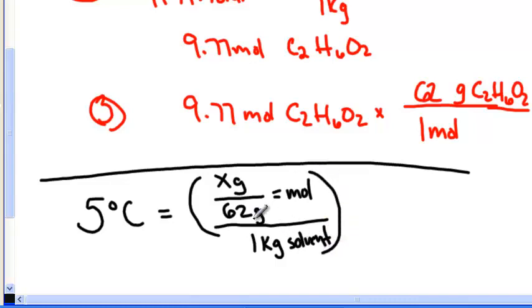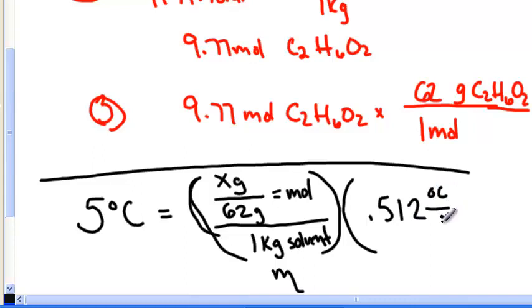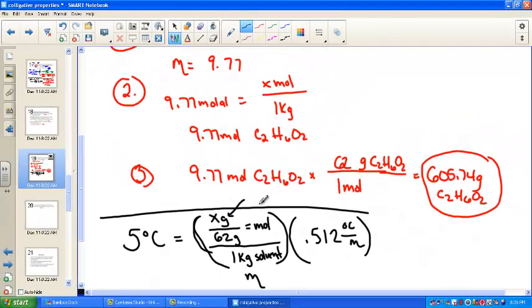That's our little m, the molality of our solution, moles per kilogram, times the boiling point elevation constant, 0.512 degrees Celsius per molal. Pull out x, and you've got the same answer.